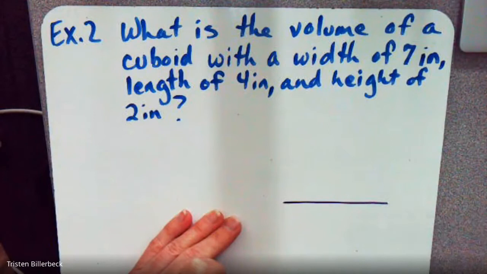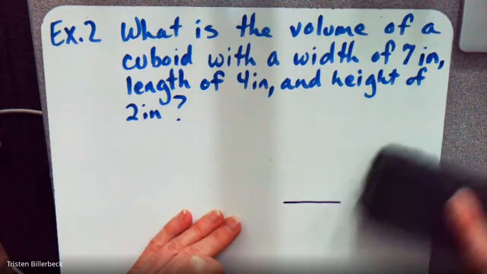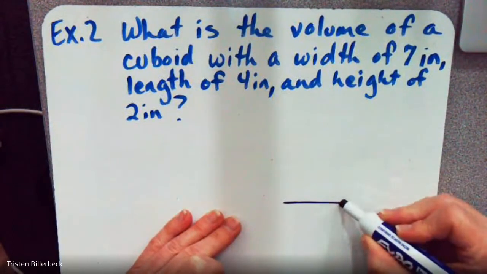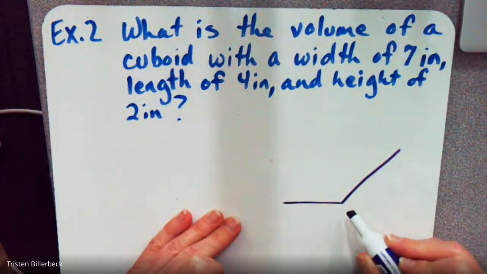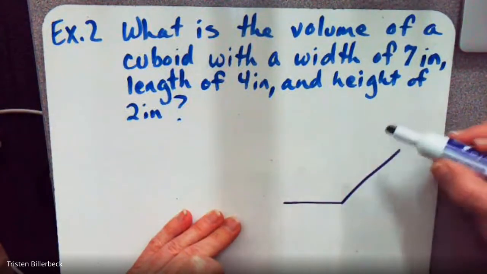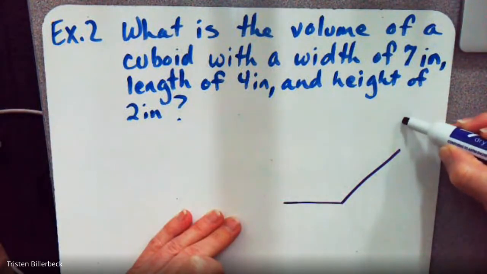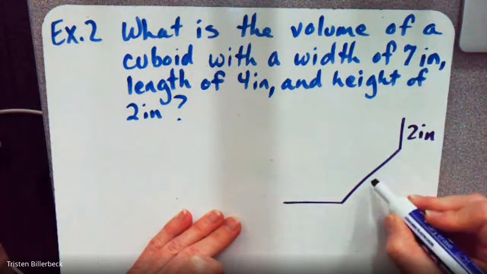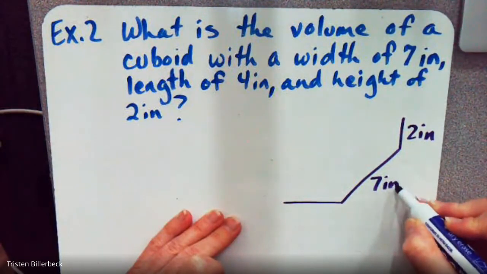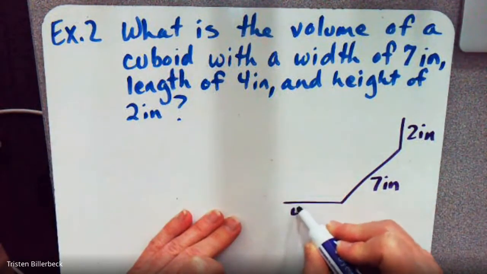Okay, so we're going to make this a little shorter. So our width is 7 and our length is 4, and then our height is just 2. So we have 2 inches here. We have a width of 7 inches and a length of 4 inches.